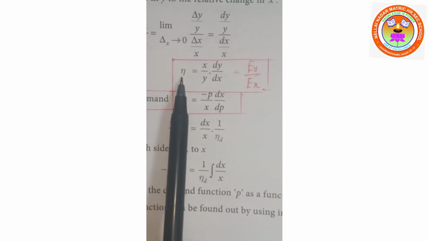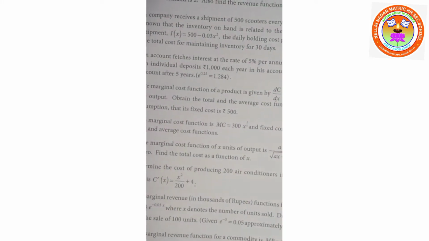So eta represents elasticity. Now elasticity of demand, eta d equals, look at the formula, minus p by x into dx by dp. So these are the formulae to be applied in this exercise.